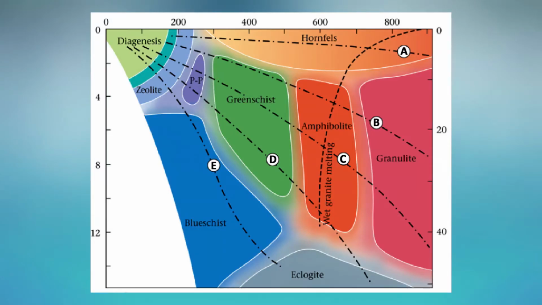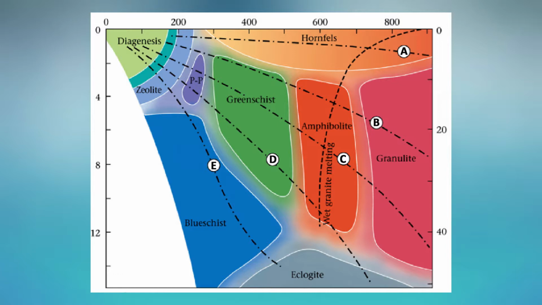A wet melting curve of granite is saturated with H2O and has P water equal to P load, whereas the dry melting curve of granite has P water equal to 0, no water in the system. A series of melting curves for conditions with H2O equal to 6%, 4% and 2% are also shown.